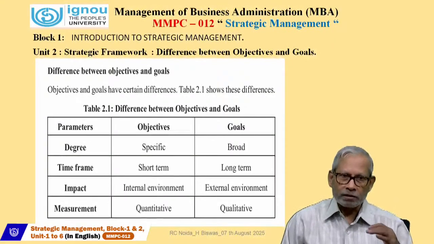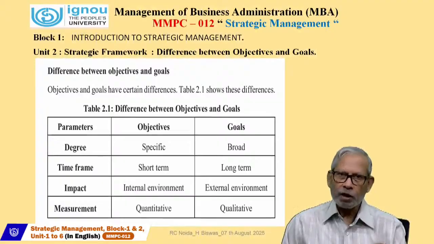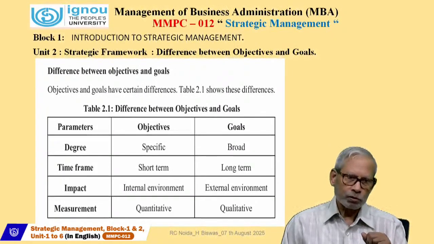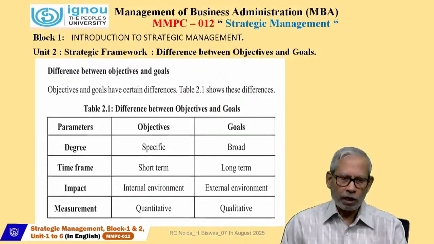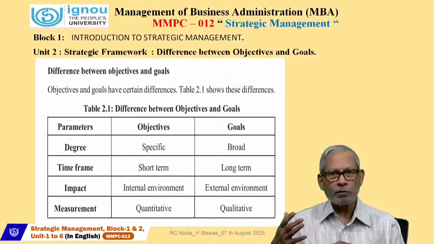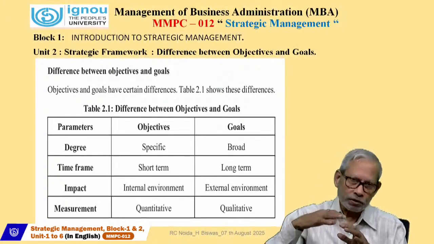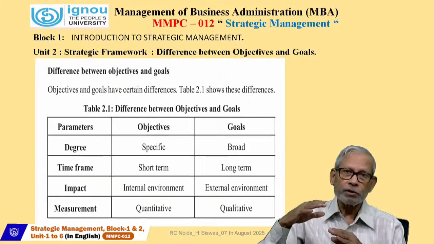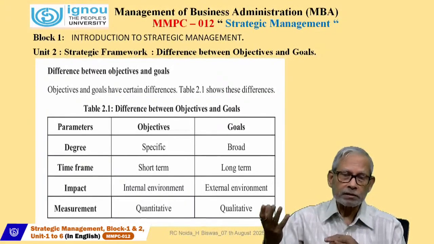Then impact: the internal environment, because specific objectives are internal. But the goal is very environmental, involving the external environment, because the goal is competition with other companies. The goal is basically the company competing with global ranges internationally.